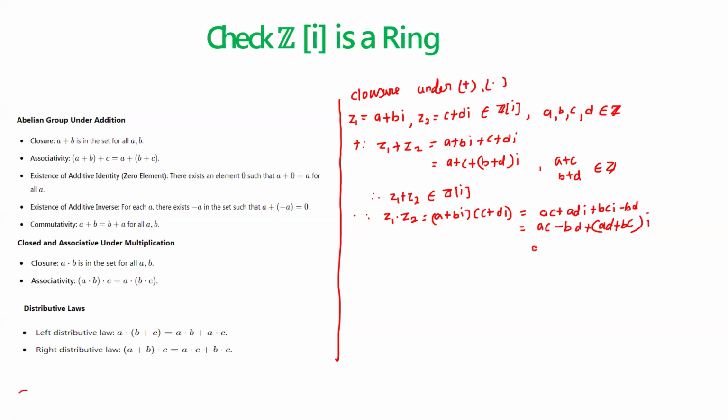Here, ac minus bd and ad plus bc belong to Z, since a, b, c, d are integers.